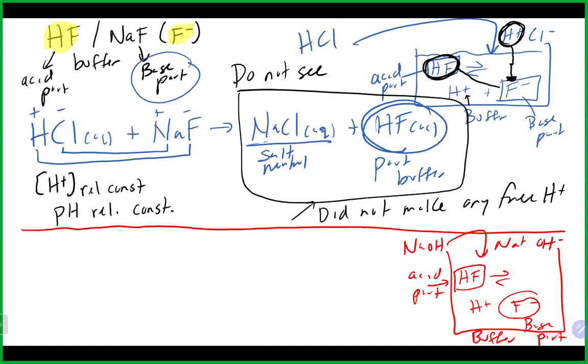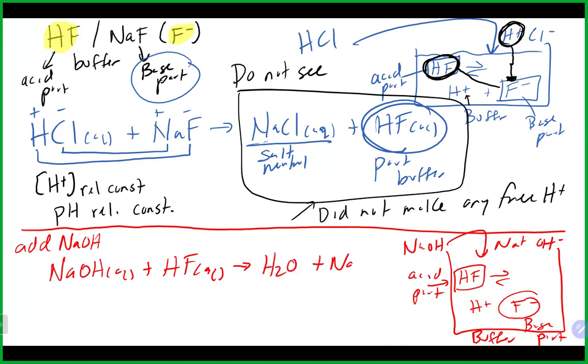So when we add sodium hydroxide to the same buffer, the sodium hydroxide, which is a base, will react with the acid part of the buffer, which is the HF. And it will do just a basic acid-base reaction. It will make water and a salt, NaF. Again, also double displacement basically here happening.